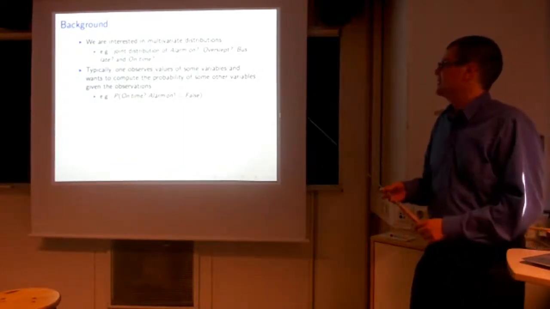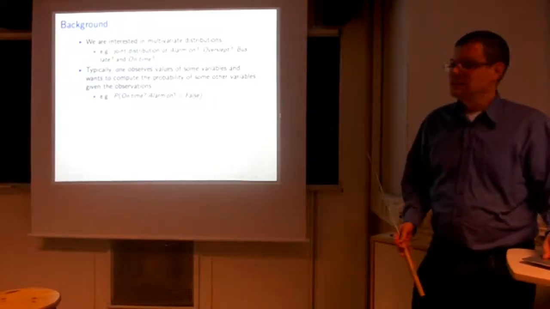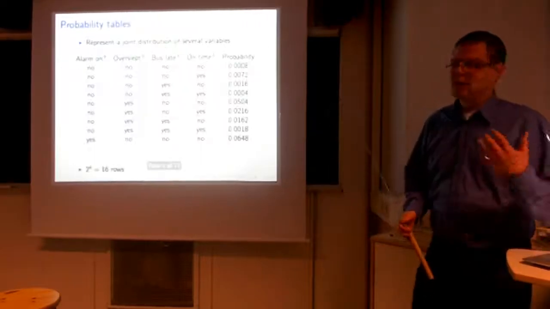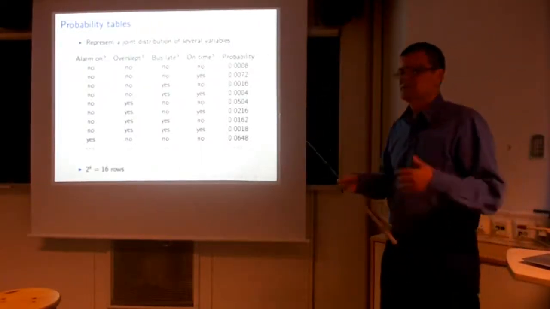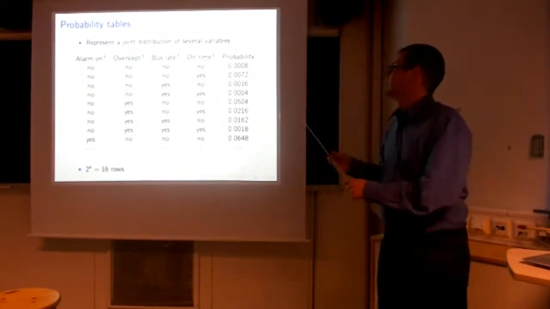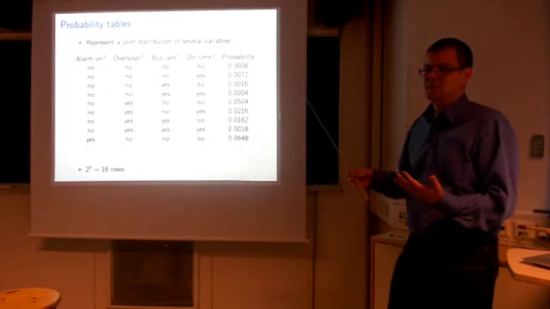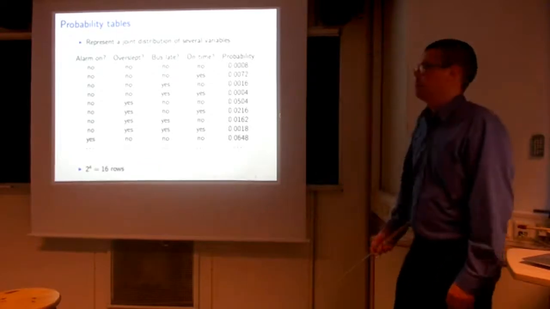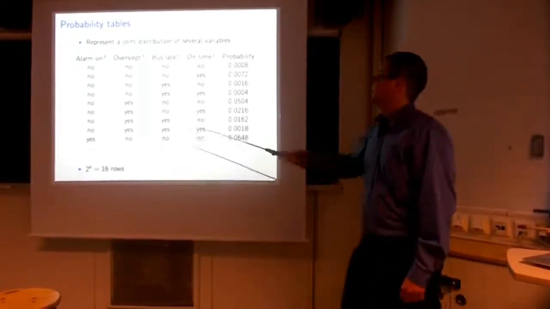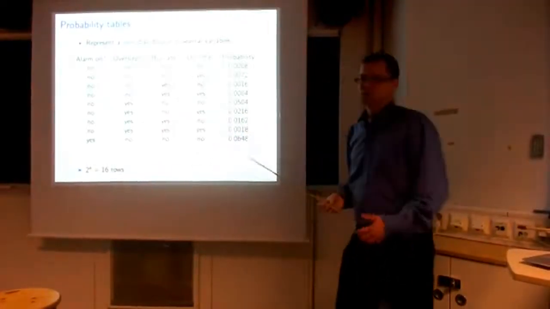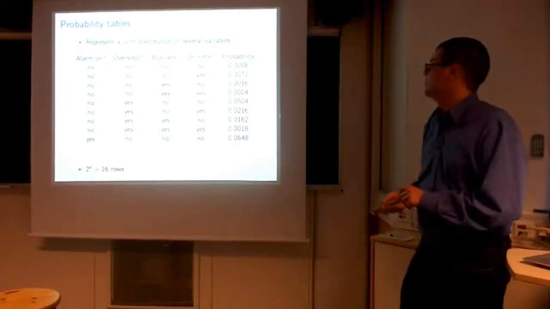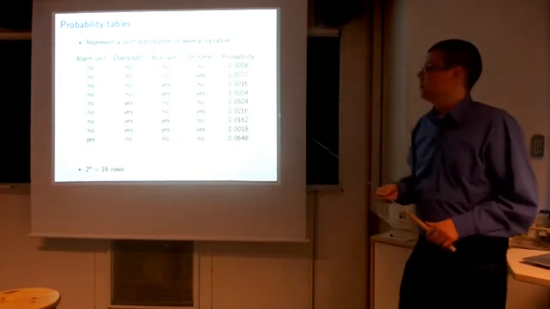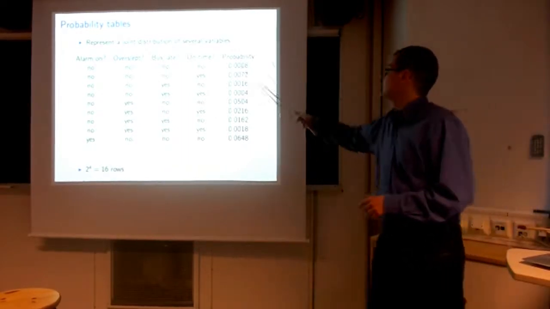So this is the setup. And to be able to do this latter task, we need some kind of representation of the joint probability of all the variables. If we have discrete variables, we can construct a joint probability table. We have one row for each possible combination of the values of the variables, and for each row, we have a probability, so one parameter there.